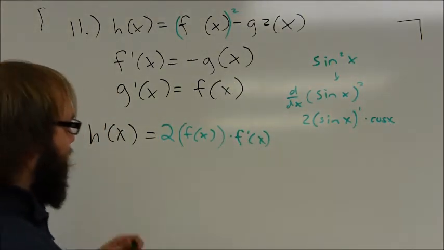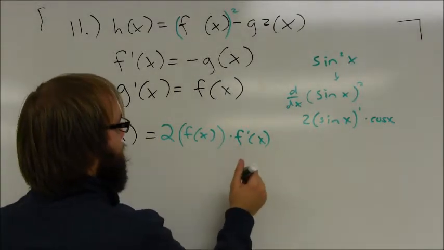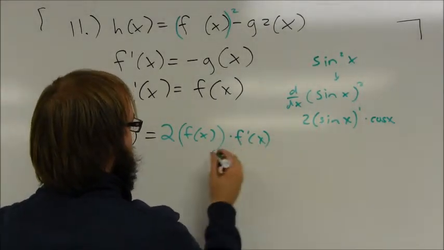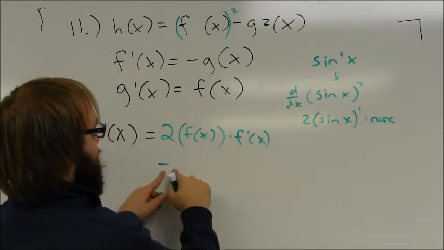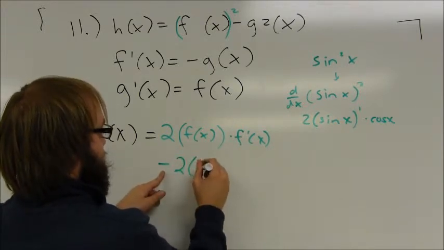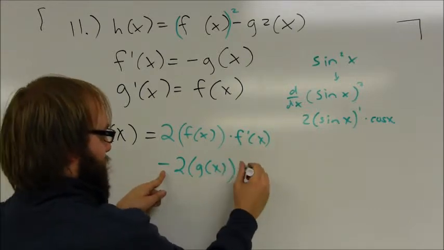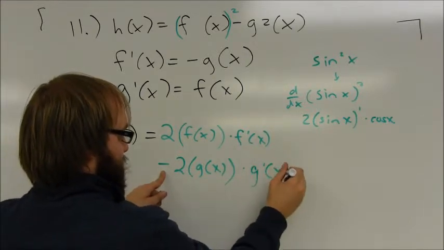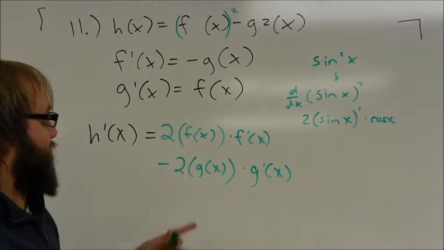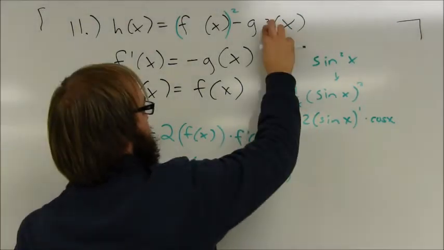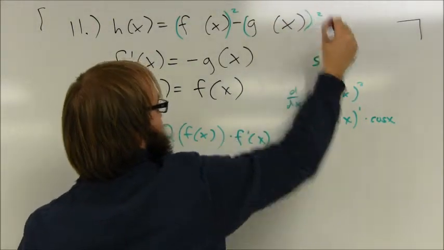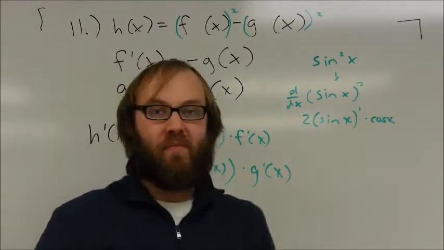Now I'm going to subtract the second part here, and basically the same thing's going to happen. That's going to be 2 g of x to the first power times the derivative of the inside function, which, of course, because that's really g of x squared, it's going to look something like that.